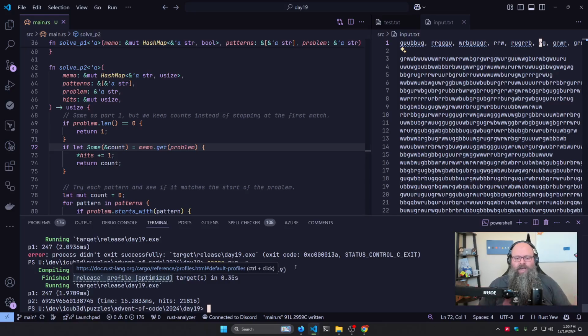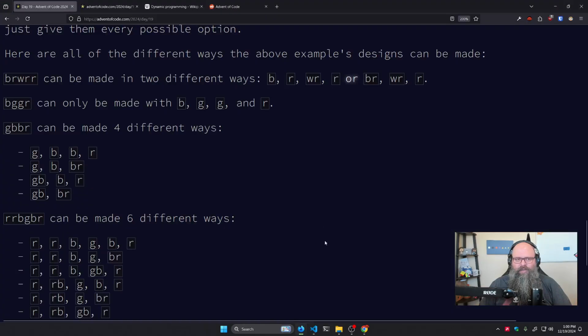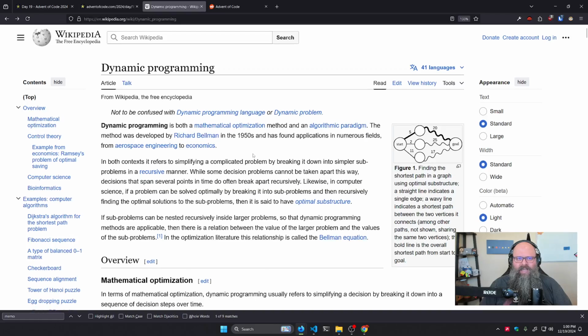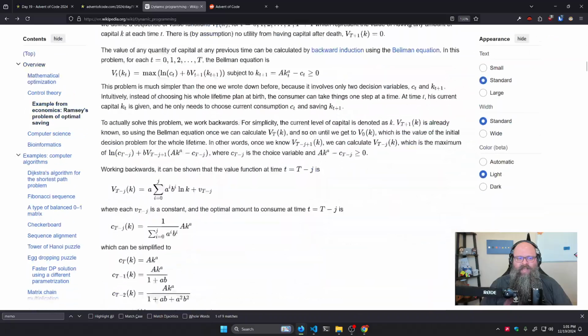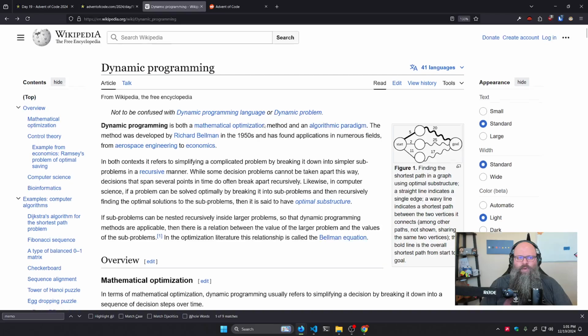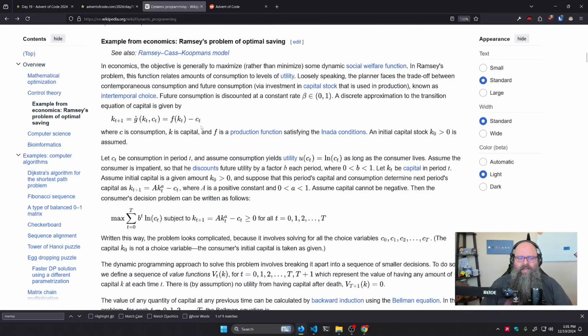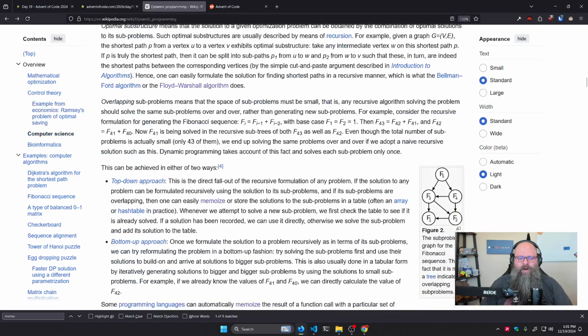If you don't know a lot about it, I'll try to remember to include links for this. There's definitely a lot of videos and books that talk about dynamic programming, and they're super helpful. The Wikipedia entry, the first part of it may feel a little crazy if you're not into math, but the computer science part of it is really helpful.